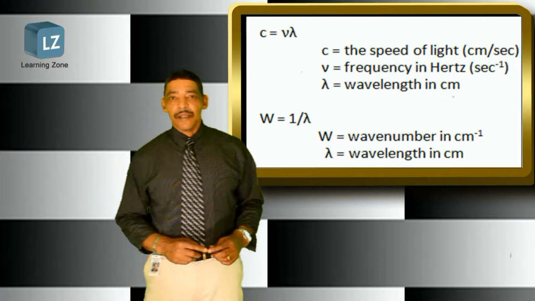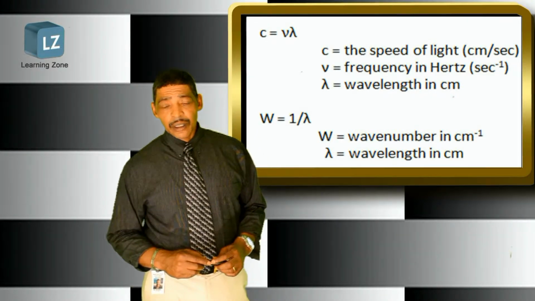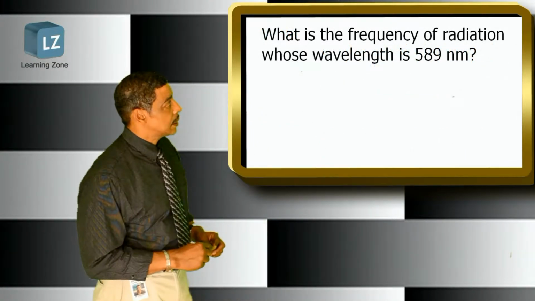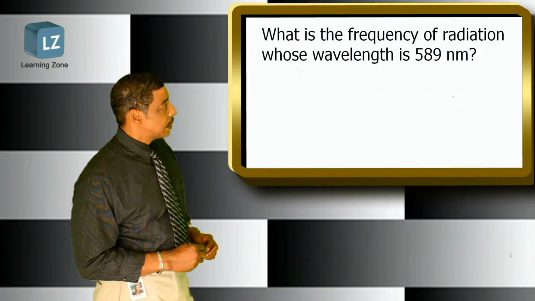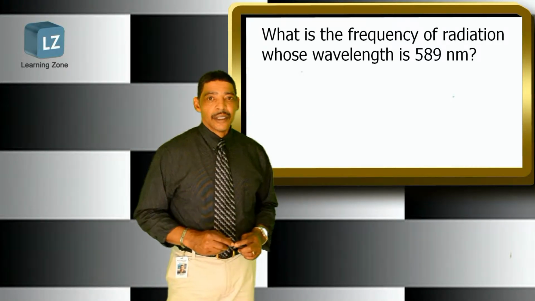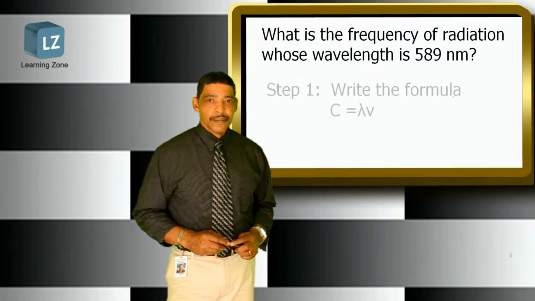Now let's use the speed of light equation to solve for the frequency of an electromagnetic wave. Consider the following. What is the frequency of radiation whose wavelength is 589 nanometers?